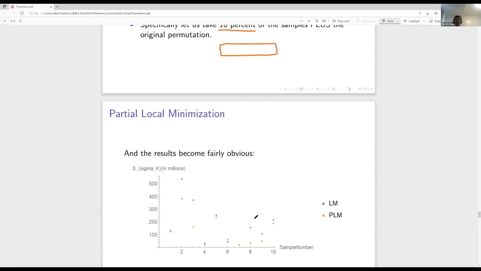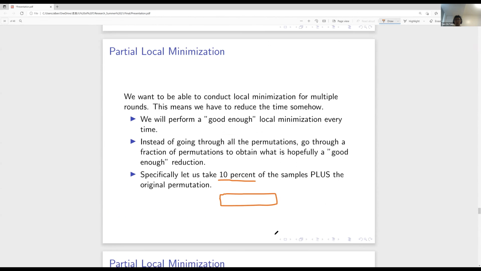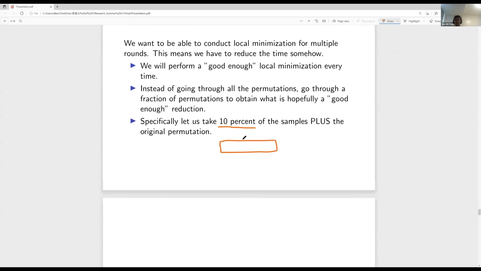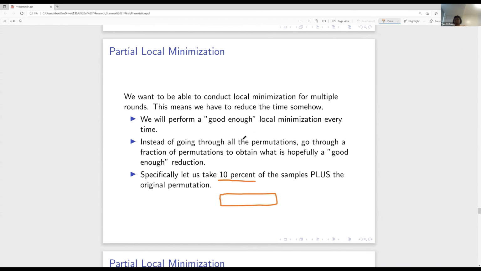So when we do that process, we can notice that the resulting S value is going to be lower than if we had conducted local minimization, the original reshuffling process, which is kind of what we were expecting.